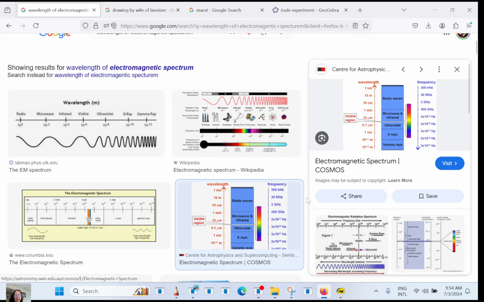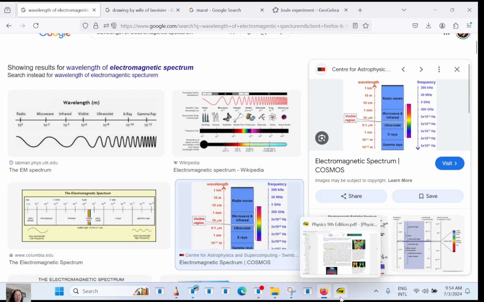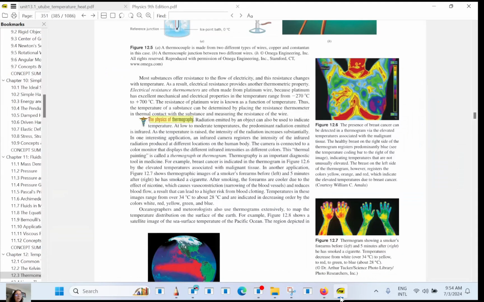Now we can use that to detect infection or places where the temperature is abnormal, maybe too hot or too cool. So, for example, here you have someone, God forbid, with breast cancer, and you look at this person with a special sensor that is able to detect infrared.